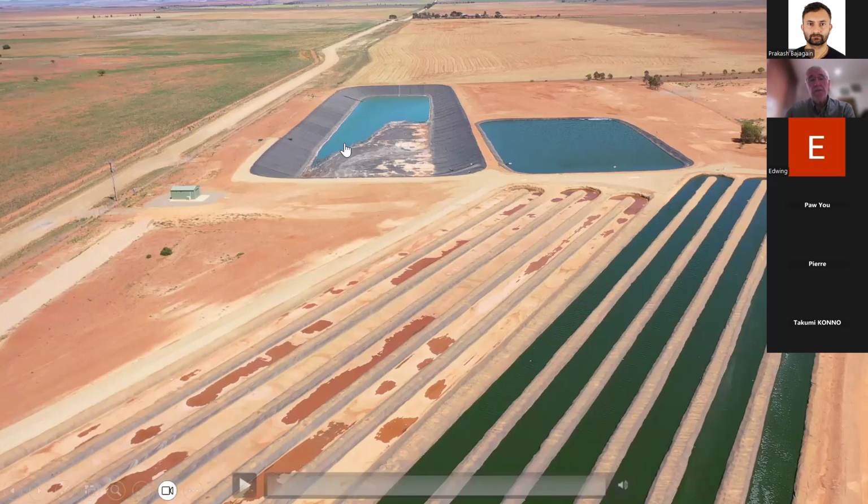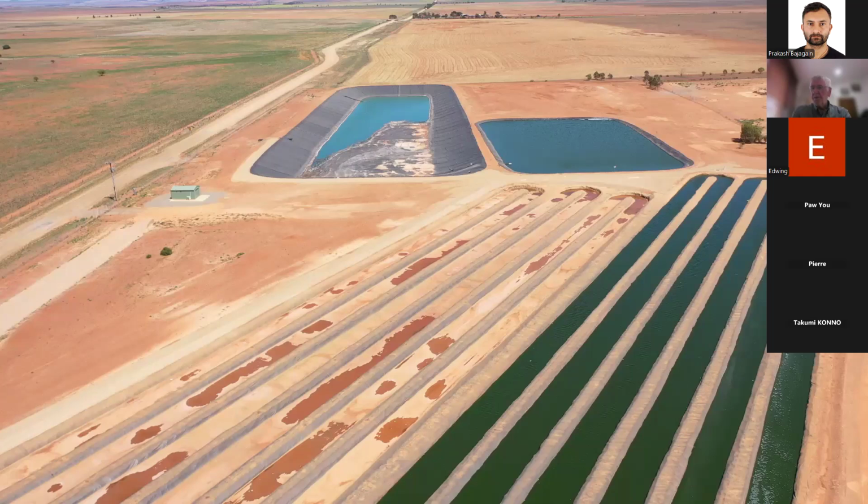There's a pump station here, and the water from this gets pumped to a golf course, which is up over in this part of the country, and it goes back into town to irrigate a sports oval and trees and green spaces. So it replaces drinking water being used for irrigation.